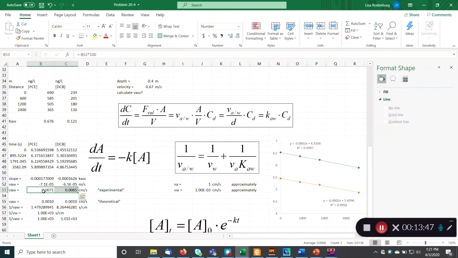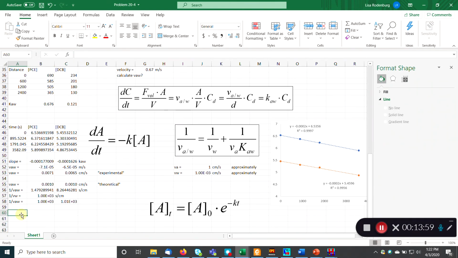Now, another thing that we might want to do just for kicks is we might want to calculate our half-life with respect to volatilization, just for kicks. So we'll call that T1/2, and that would be the natural log of 2 divided by our rate constant, our KAW.